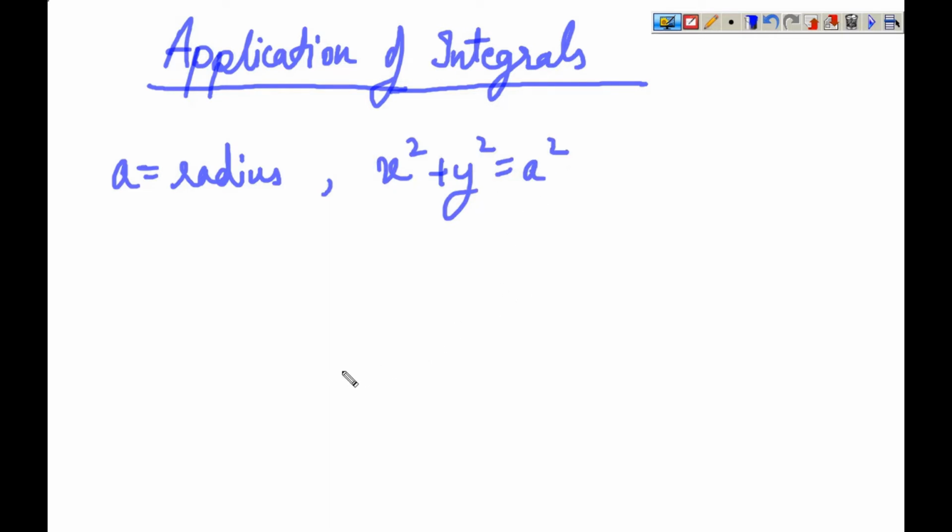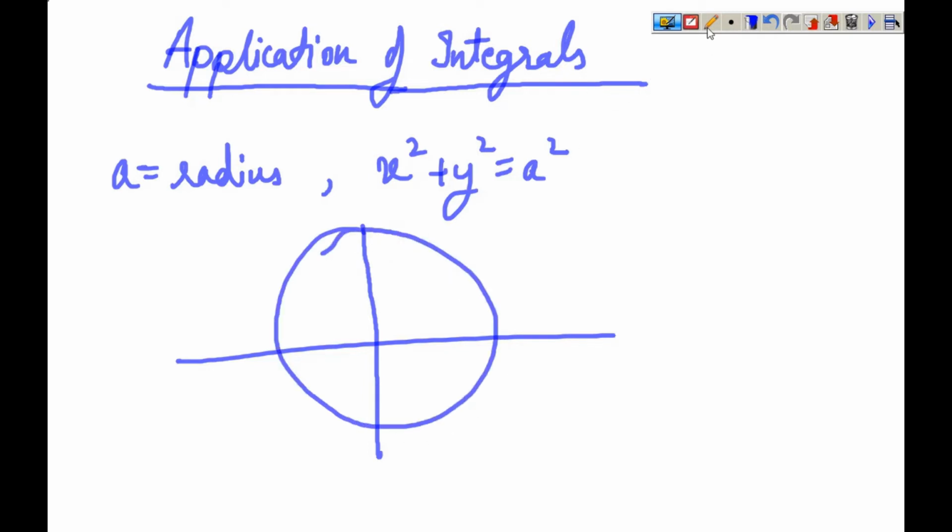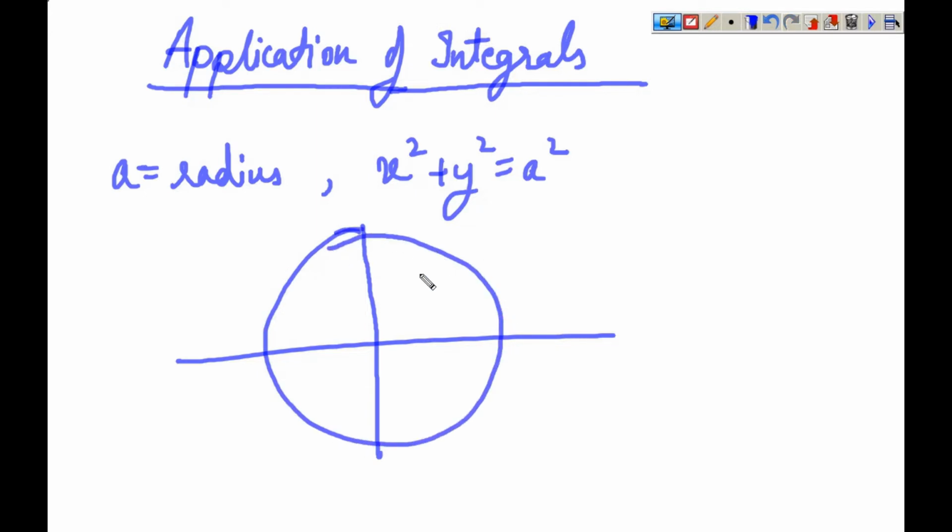We know that a definite integral is given as the area under the curve f of x, and here if I draw a circle, so here I have a circle. The equation of this circle, if I write in terms of x, y will be the square root of a squared minus x squared. So now we have got the equation of the circle.